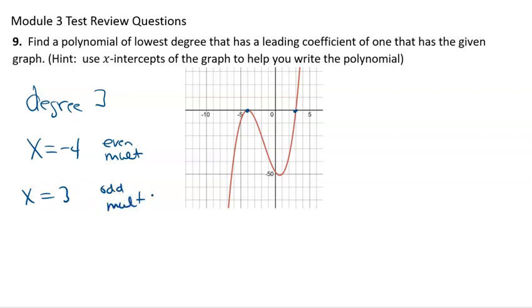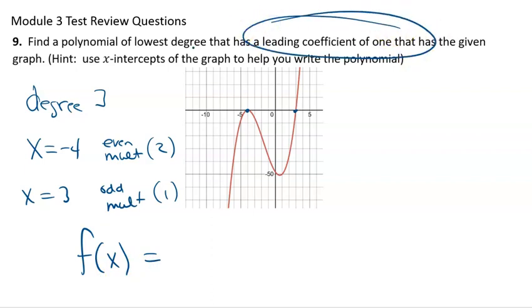Now, if it says find a polynomial of lowest degree that meets these conditions, well, the lowest even number is 2, and the lowest odd number is 1. So our polynomial would be f of x equals, now normally we have an a, but notice it says it has a leading coefficient of 1, so I don't have to put a there at all in this case.